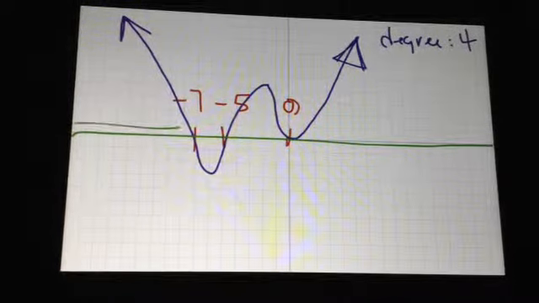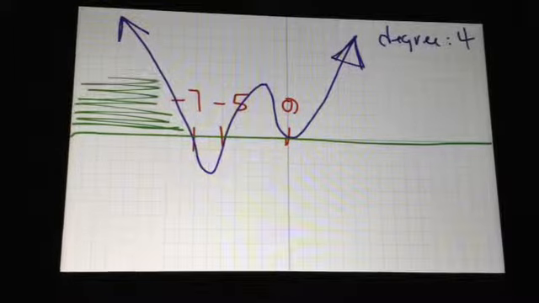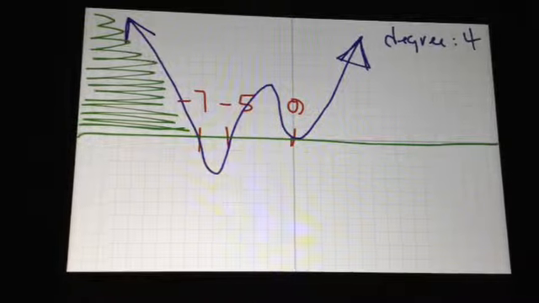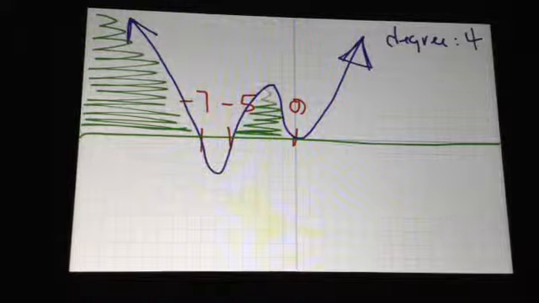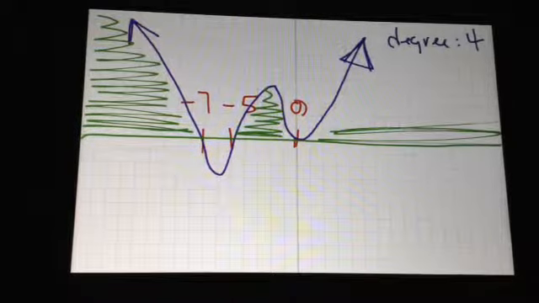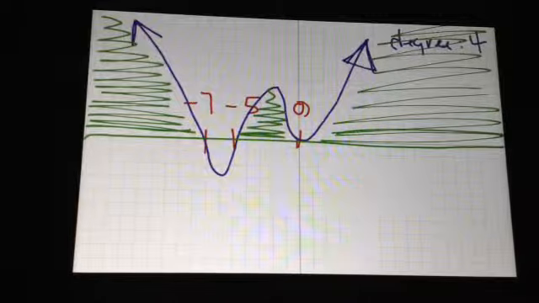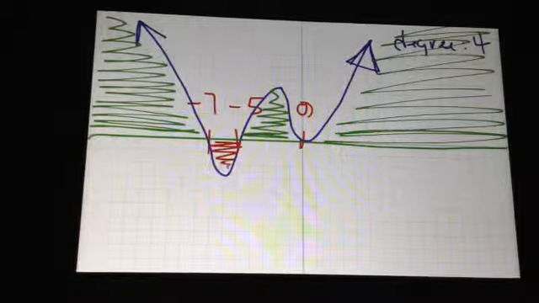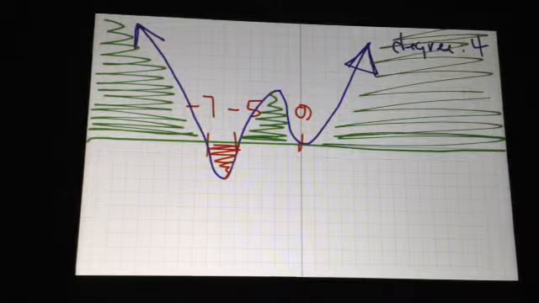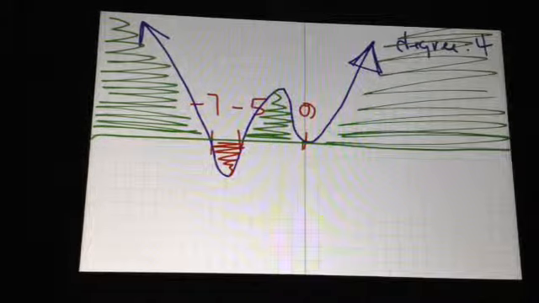It can be anything over here, anything right here, and anything all the way over here. So it can't be right here, because see, it's below the x-axis. We can only have positive values.